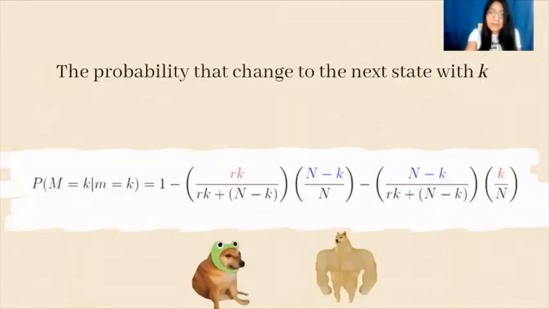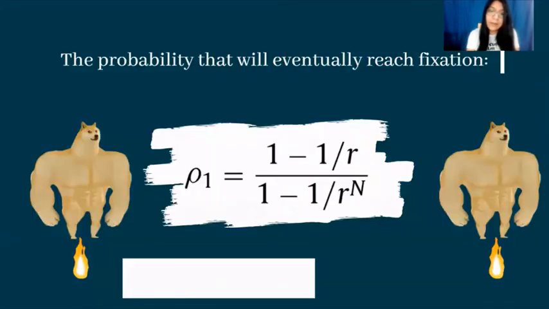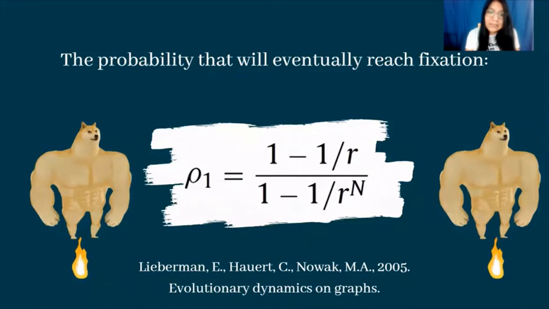And the probability that it will change to the next state with the same number of mutants is 1 minus the previous 2. The probability that fixation will eventually be reached if we are not in neutral drift is this.